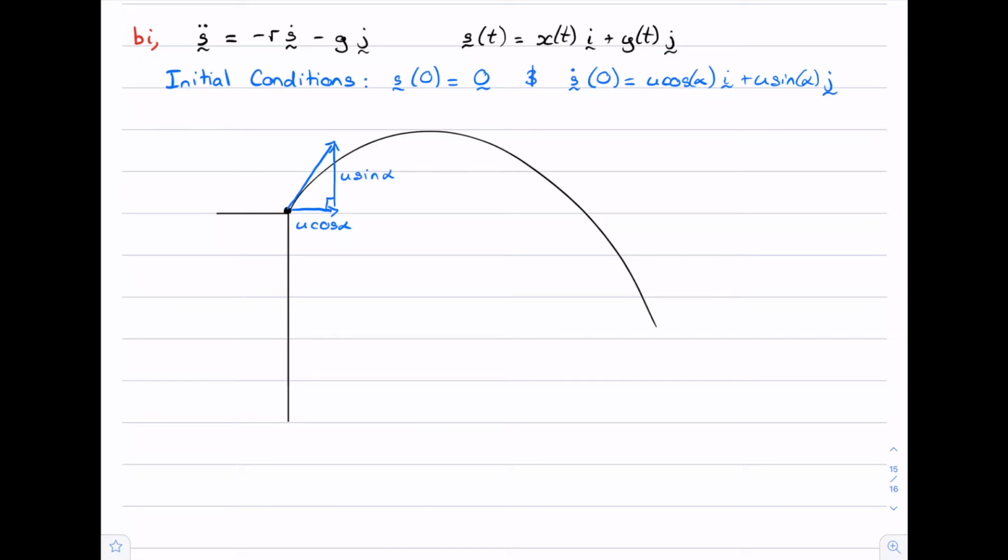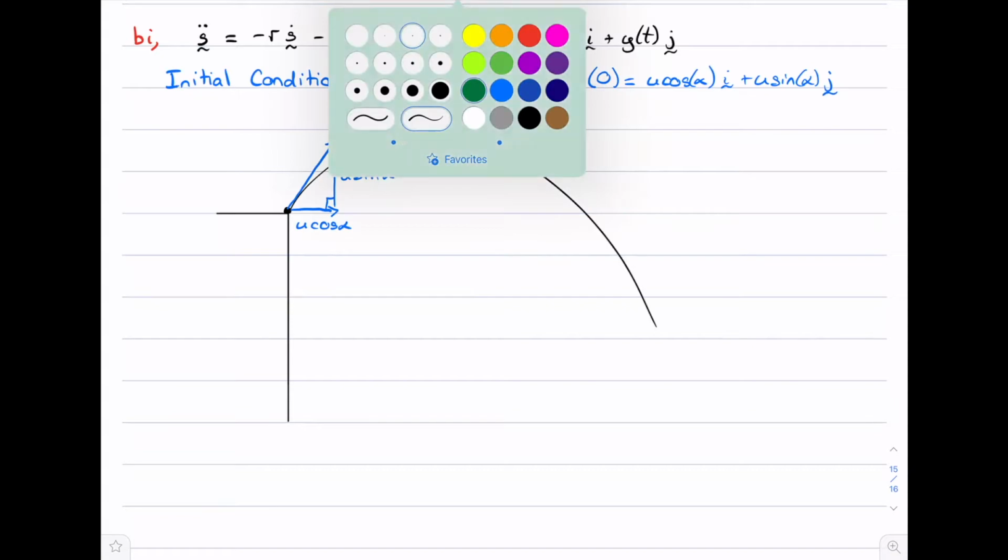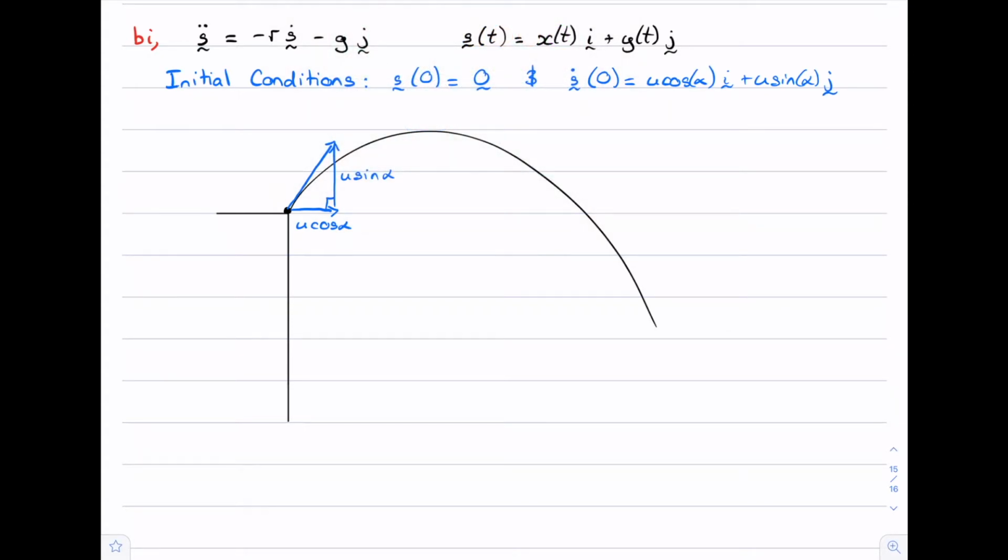By a little bit of trigonometry, it's fairly simple to see. It is a right angle triangle, so I can use Pythagoras' theorem. If we call the length of this vector c, since it's the hypotenuse, then c squared is u squared sine squared alpha plus u squared cos squared alpha.